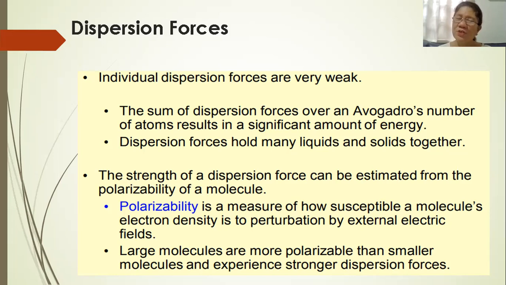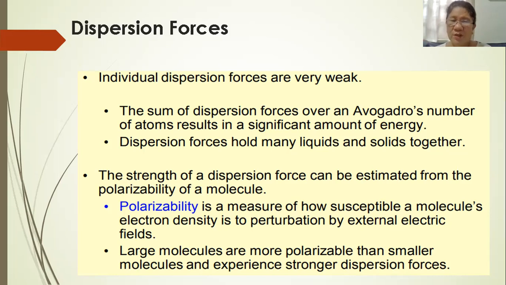The strength of dispersion force can be estimated from its polarizability. Polarizability is the measure of how susceptible a molecule's electron density is to perturbation by an external electrical field. So with an electrical field, will it have more electron density or less electron density?